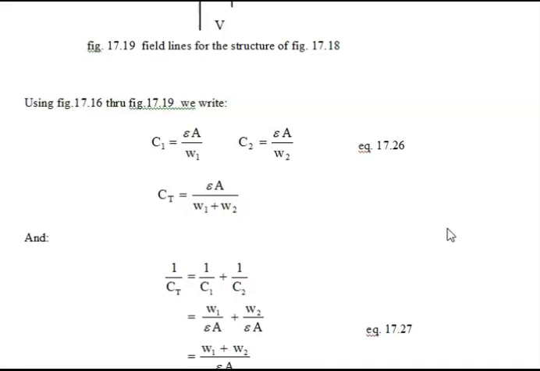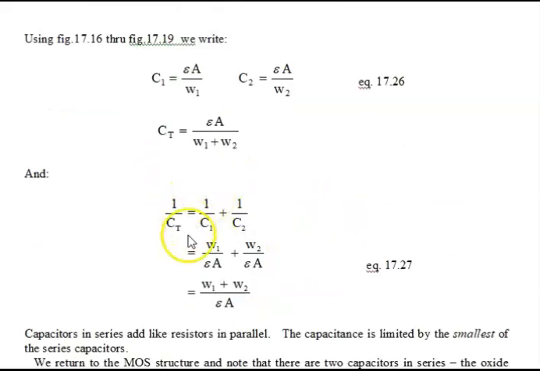And since they are equal, we can equate them. And it's better basically just to flip them because in that case we can just add the denominators easily. And we add the denominators and we get 1 over the total capacitance is the total width divided by epsilon times the cross-sectional area. And what we're saying here is that if we take 1 over C1 plus 1 over C2, we get 1 over C total.